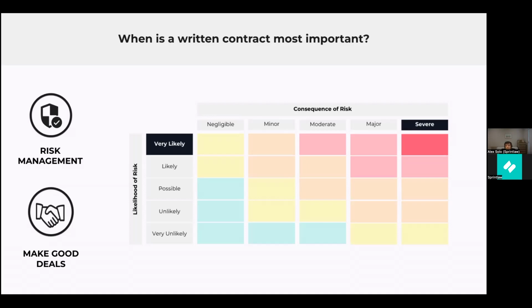Things like your business partner or shareholders agreement that are critical to the operation of your organization or your company. Those are the kind of really important documents that you might want to have in writing.